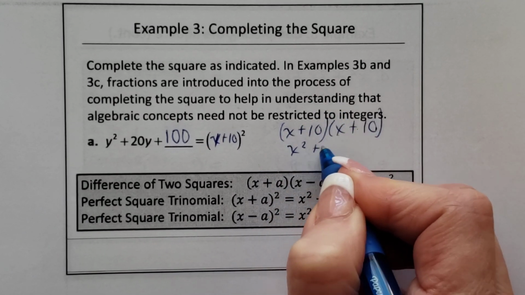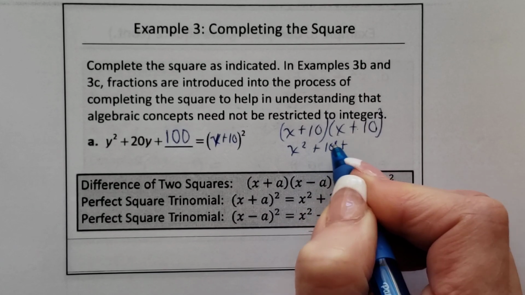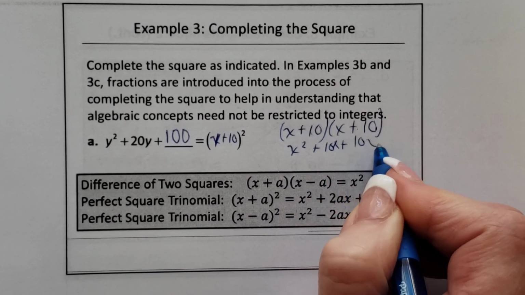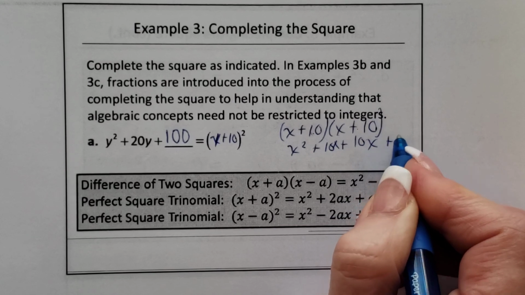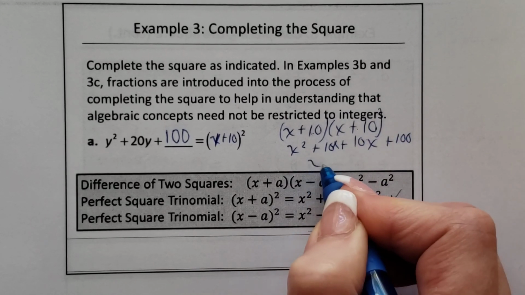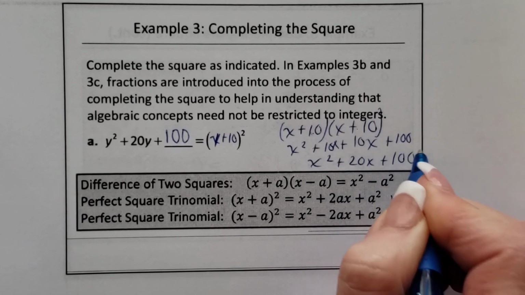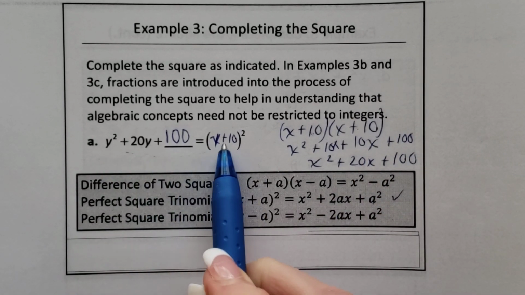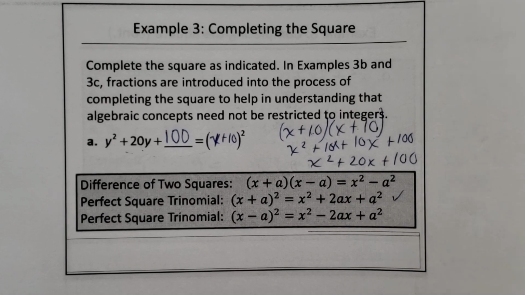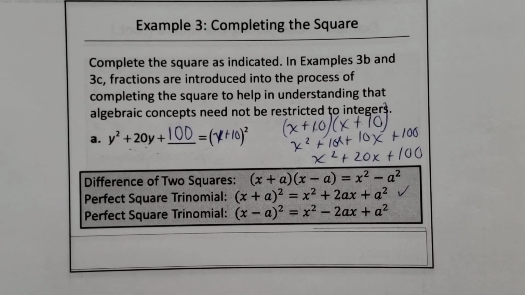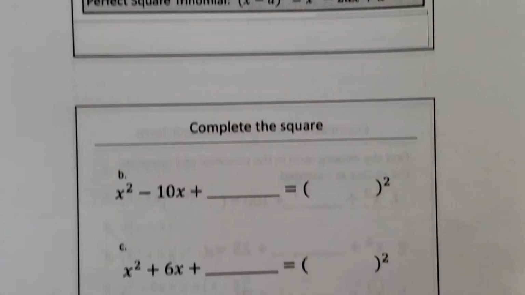X times 10 is 10x, plus x times 10 is 10x, and 10 times 10 is 100. So I get x squared plus 20x plus 100. So these are equivalent now. I know that was confusing. I didn't explain that very well, but we're going to look at more.